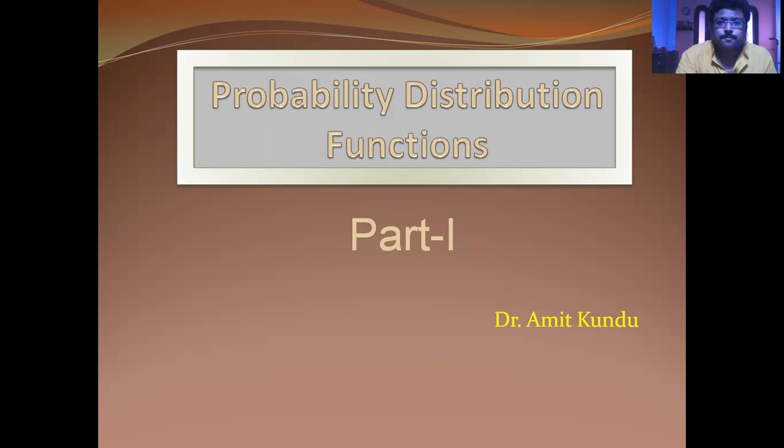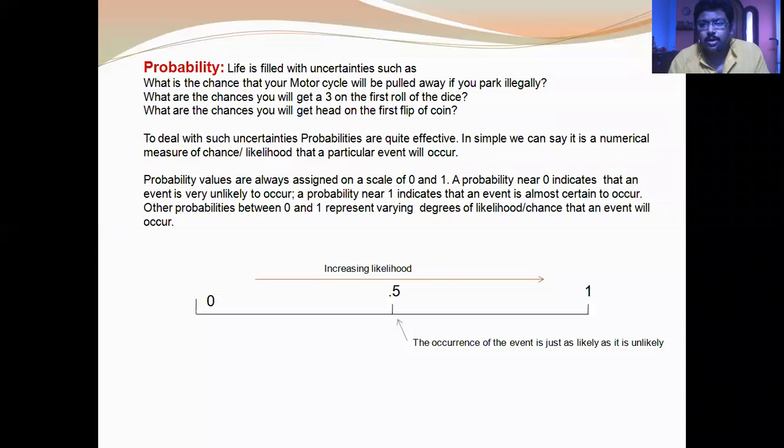Okay, so look, our life is filled with uncertainties, and there are a number of chances in our life. If you take an example, what is the chance that your motorcycle will be pulled away if you park illegally?